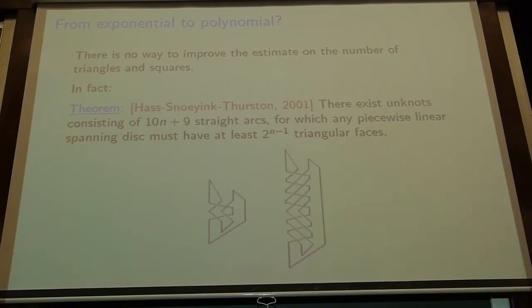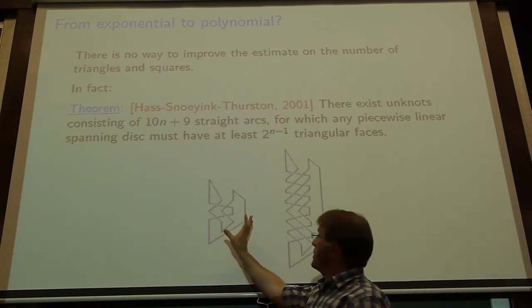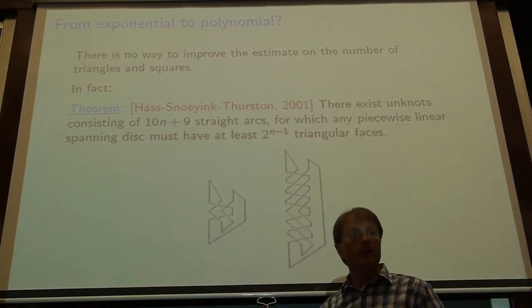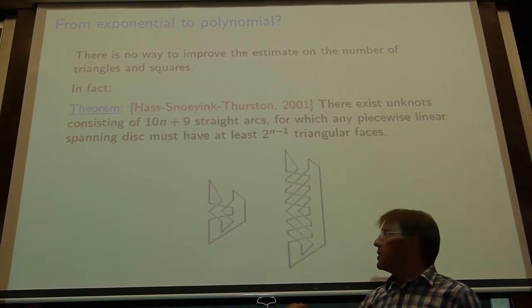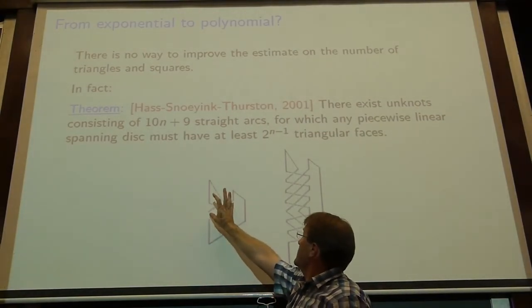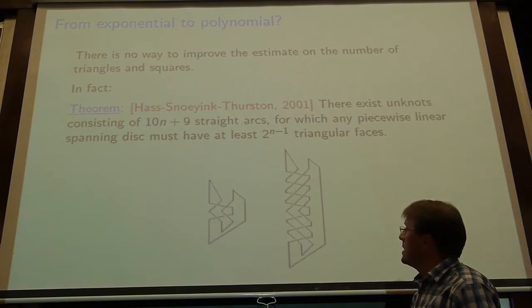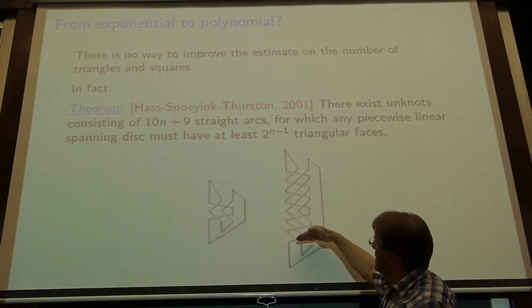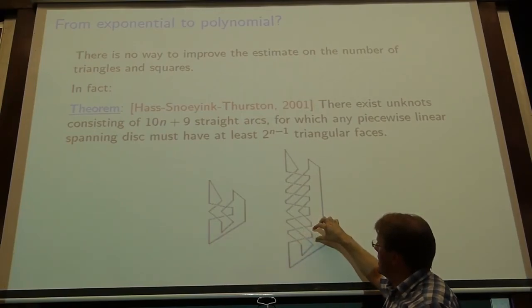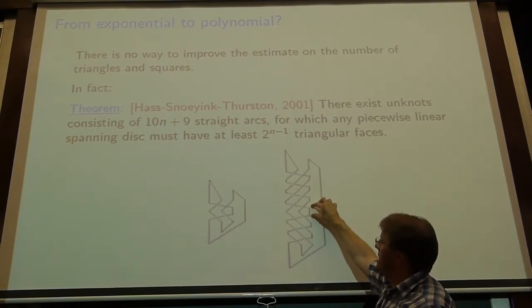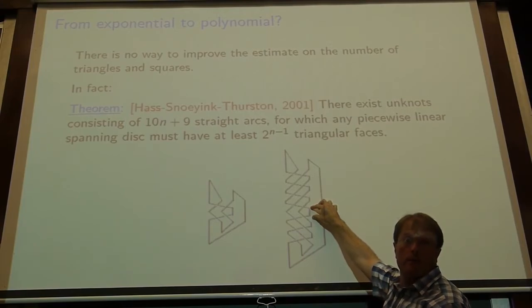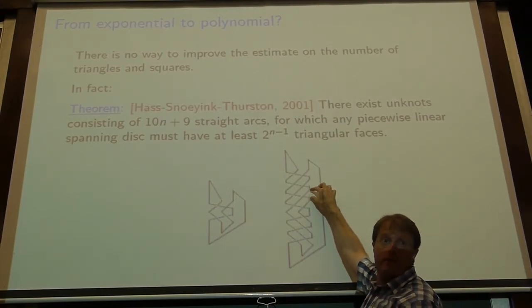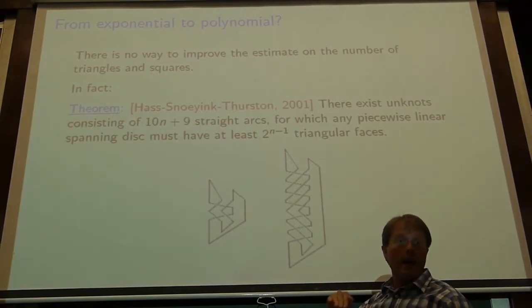The way that works, it's a very clever argument. You start off with just a standard unknot, which is almost like a braid, at least this left-hand bit is like a braid. And then in here, what you do is you insert repeated copies of the same pseudo-braid, and then their inverses. So that hasn't actually changed the knot type.